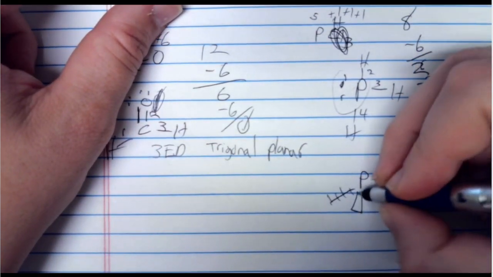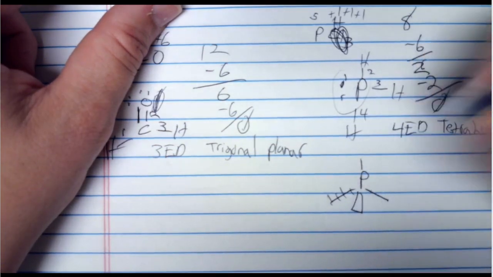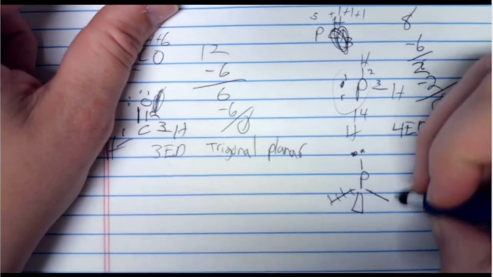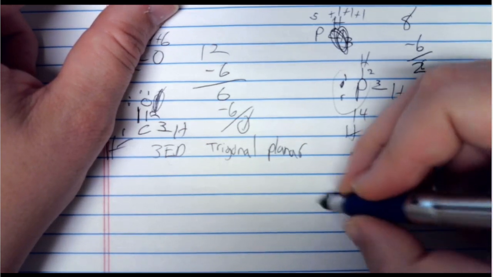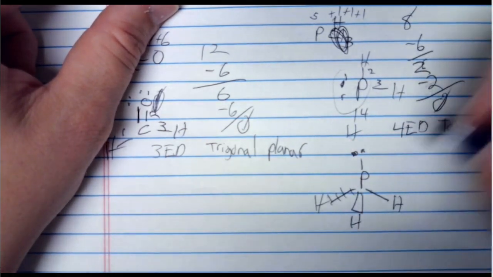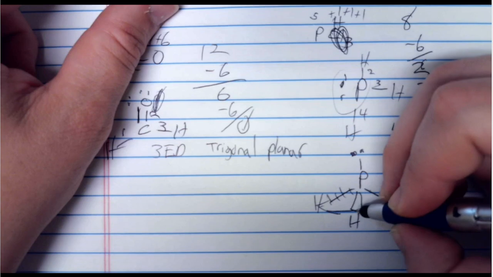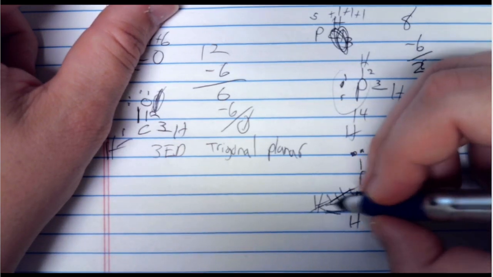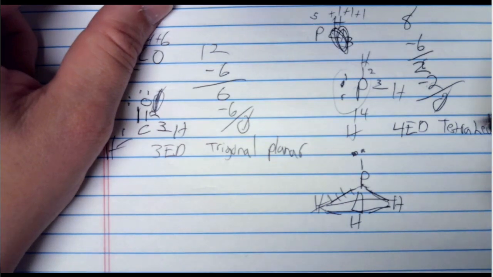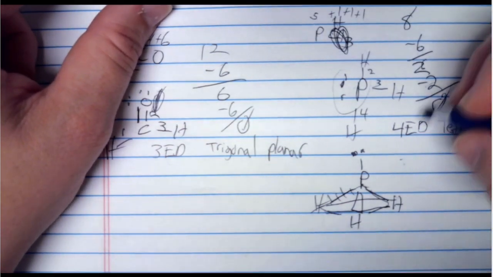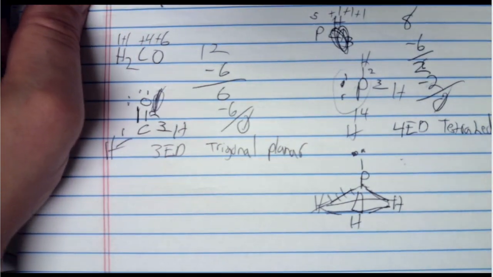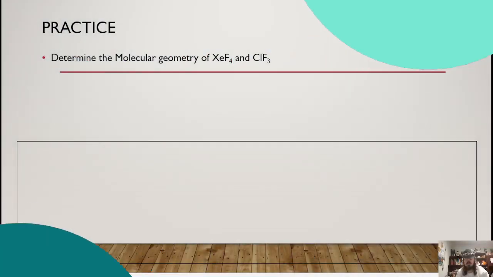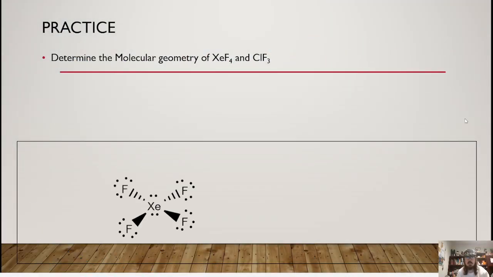Wedge, dash, line. 1 lone pair means we put that there, and the rest is trigonal pyramidal. So being able to do that is a useful thing to do. Help us understand these things.